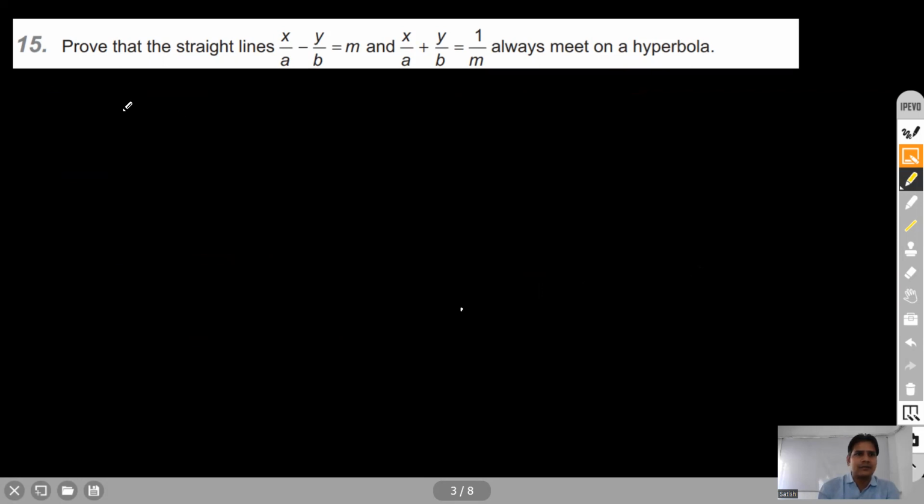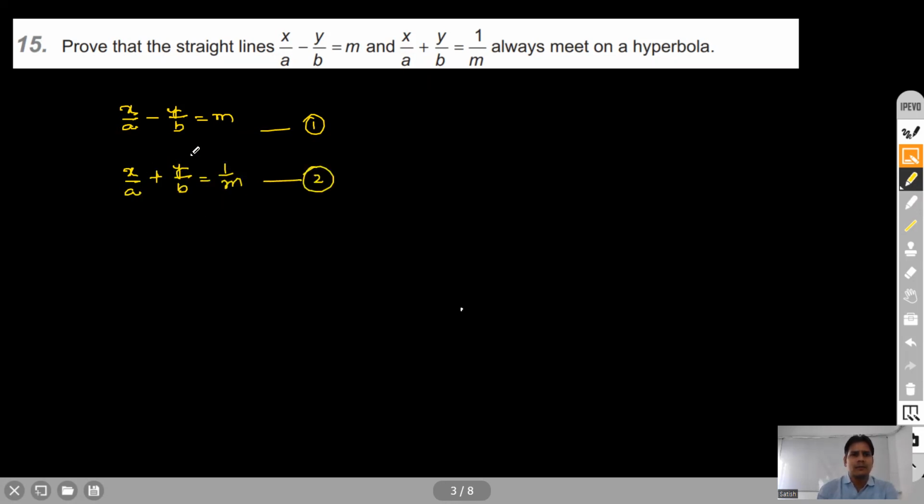So our first line is this: x by a minus y by b is equal to m. This is our first line. And x by a plus y by b is equal to 1 by m. This is our second line.